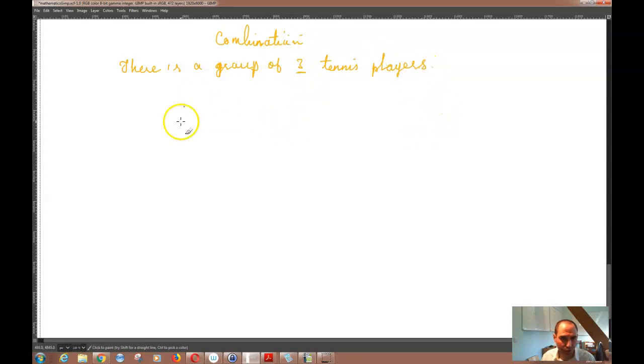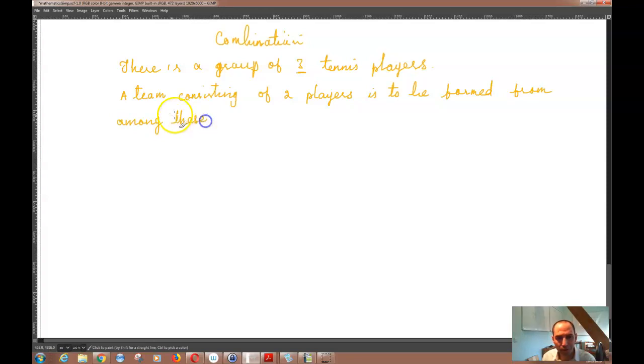You have three people, and a team consisting of two players is to be formed from among these three people. In how many ways can you do that?